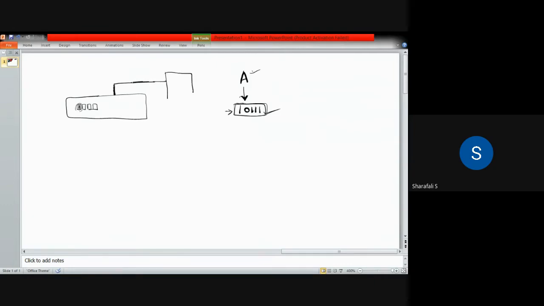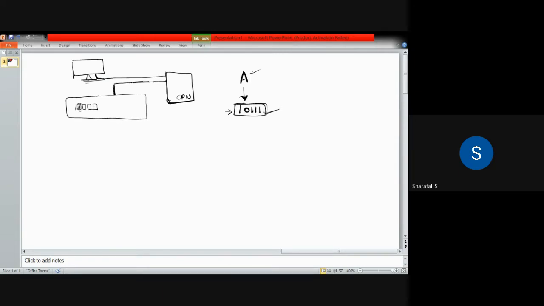I'm just drawing the block diagram, not the complete one. So this is your CPU, and then from the CPU we have the connection to your monitor, like this.